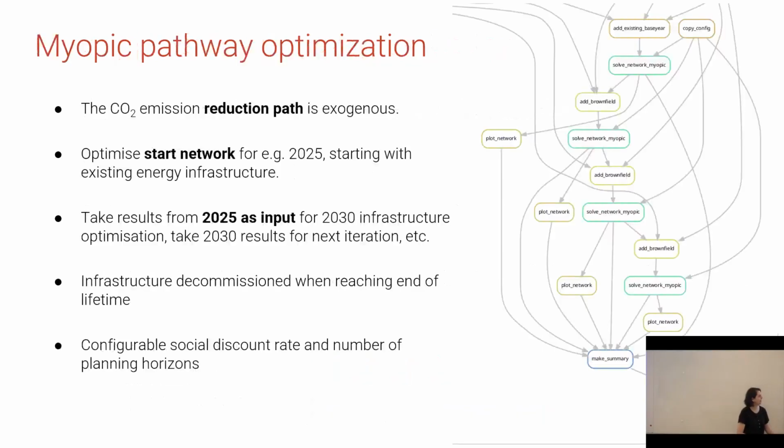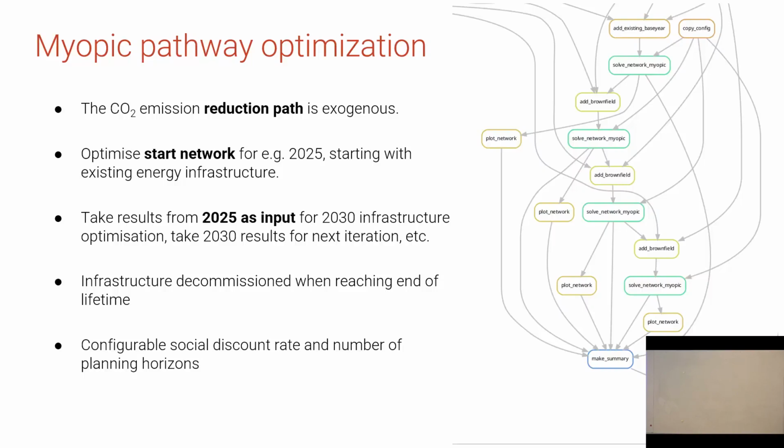And just one second. If you look at how we do this in a rule base, what is happening is that, let's say one network is solved. This could be 2025. Then, let's say some existing capacities are added. So these will be the capacities that were already there from 2020.